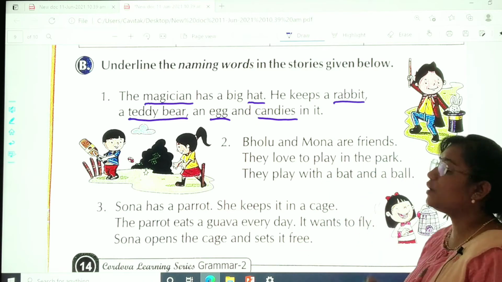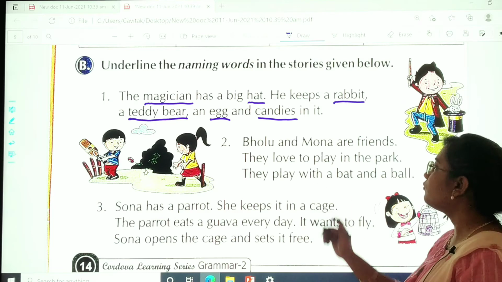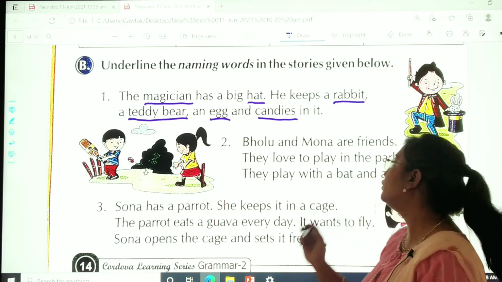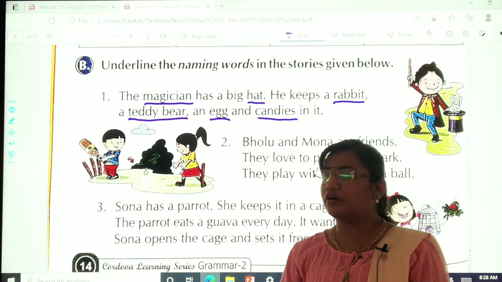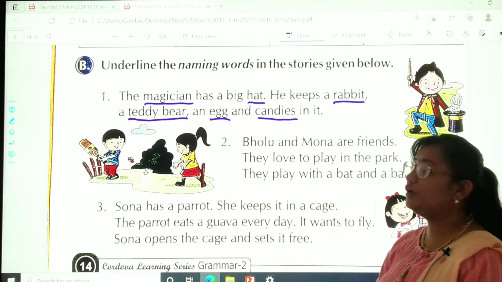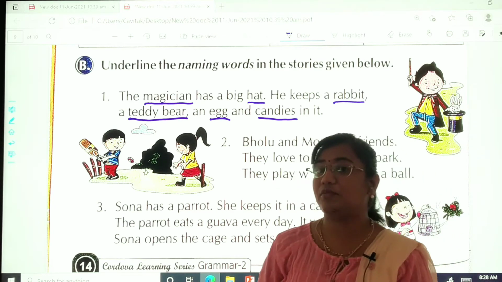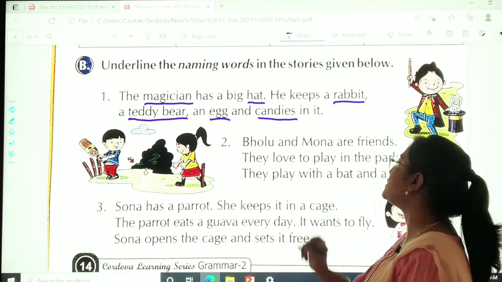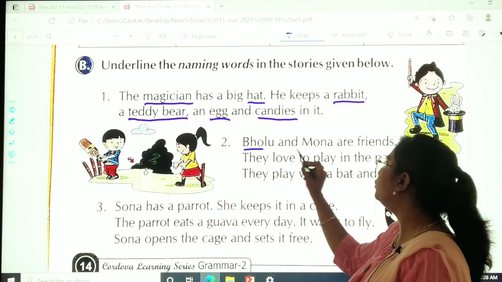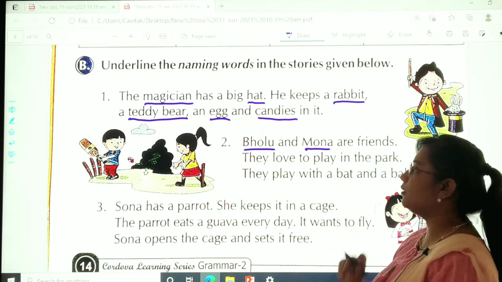Let us move on to our story number 2. Bholu and Mona are friends. Over here, Bholu and Mona. These are the naming words of people, right? So, let us underline Bholu and Mona. Okay?